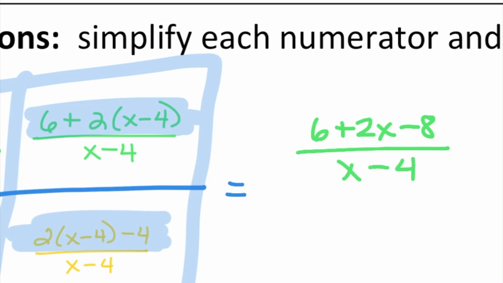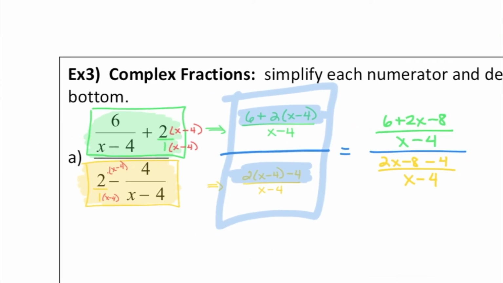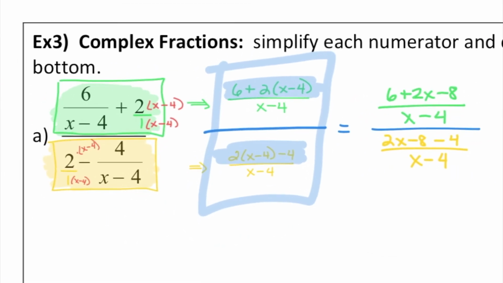And in the bottom, I end up with 2x minus 8 minus 4 over x minus 4. And kind of stop for a second, make sure that you track with all of my steps. And I really haven't dealt with the biggest problem here, which is the division problem, because I'll do the dividing at the very, very last step.